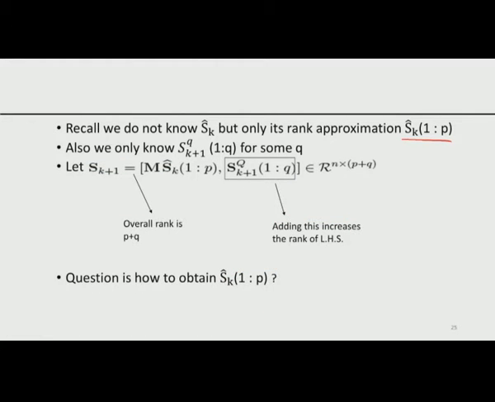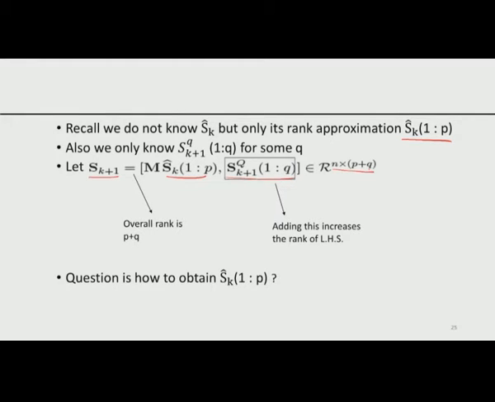So I have to deal with a rank p approximation here and a rank q approximation in here. So totally this matrix S k plus 1 becomes a matrix of size n by p plus q, the reduced rank approximation. But our calculations are always rank p.